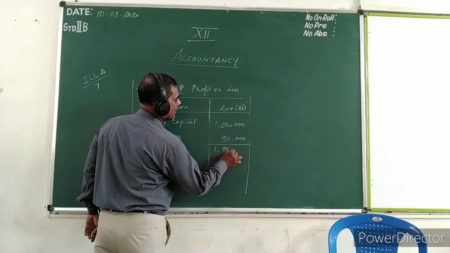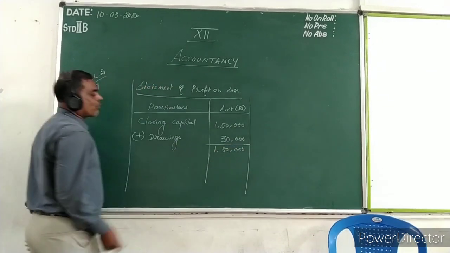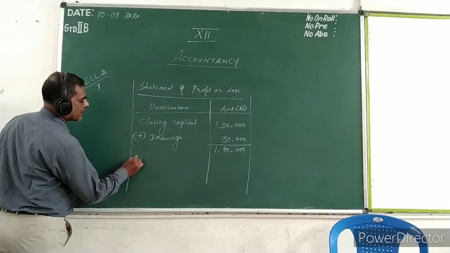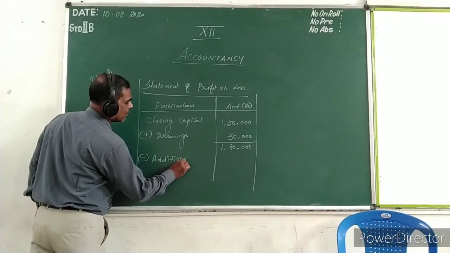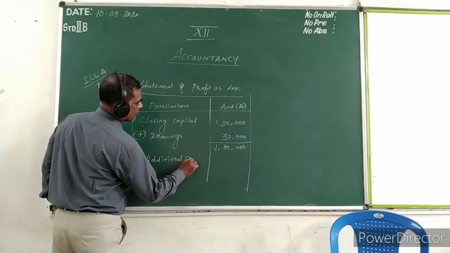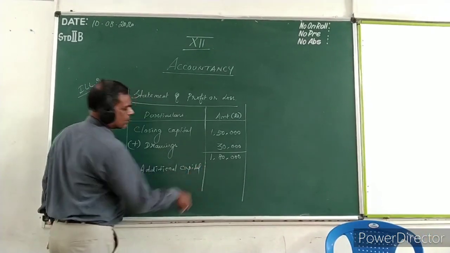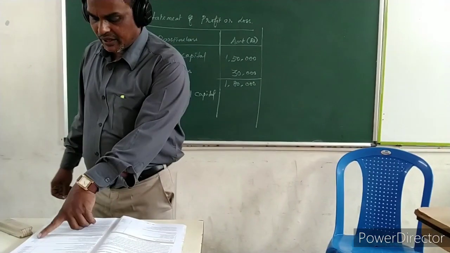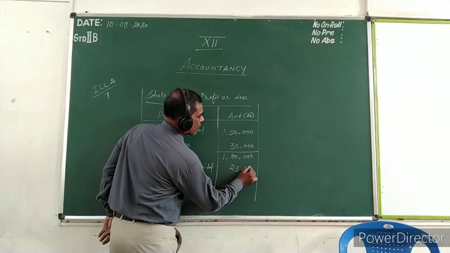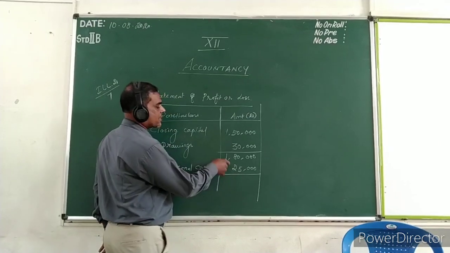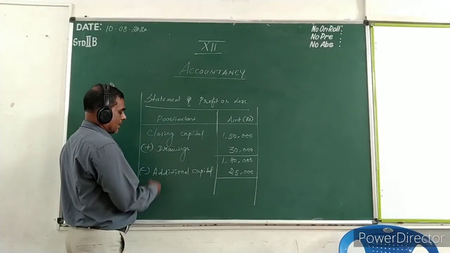You get 1,80,000. From 1,80,000 we have to deduct the additional capital or introduced capital. Here the additional or introduced capital is rupees 25,000. From 1,80,000 we must deduct rupees 25,000 as additional capital.